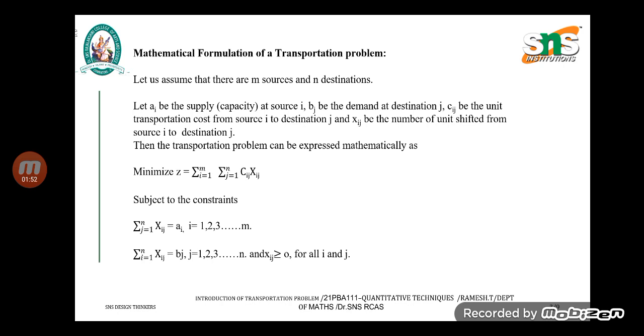Then the transportation problem can be expressed mathematically as: minimize Z equals the sum of i from 1 to m and the sum of j from 1 to n, Cij Xij, subject to the constraints: the sum over j from 1 to n of Xij equals Ai, i takes a value 1 to m, and the sum over i from 1 to m of Xij equals Bj, j takes a value 1 to n, and Xij is non-negative for all i and j.